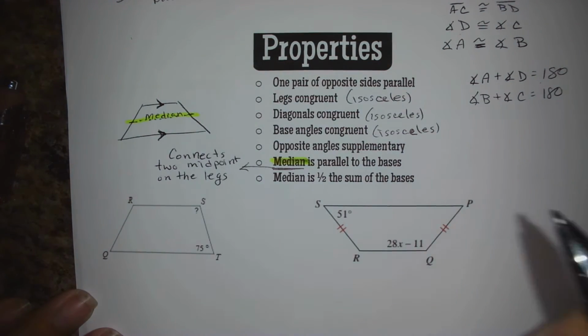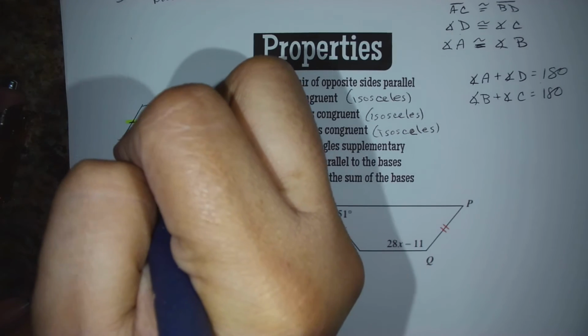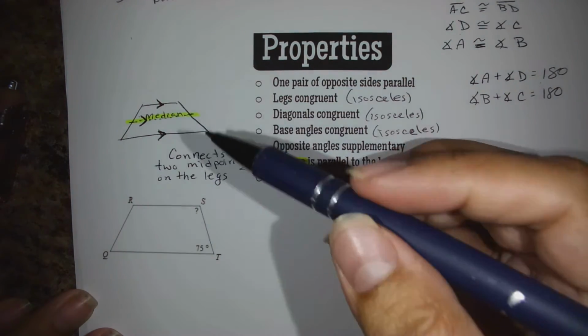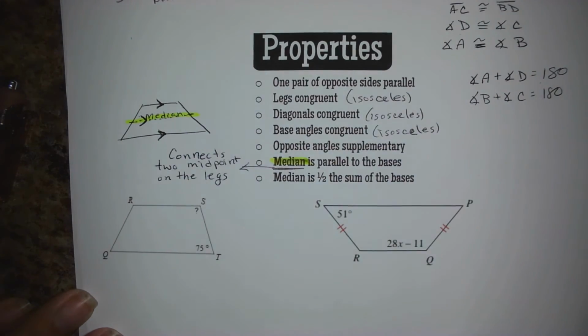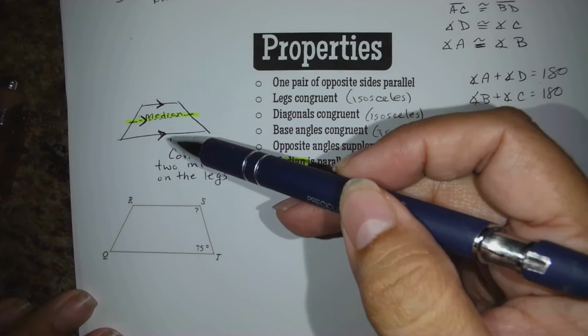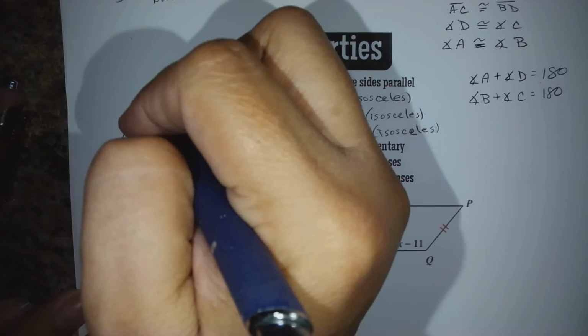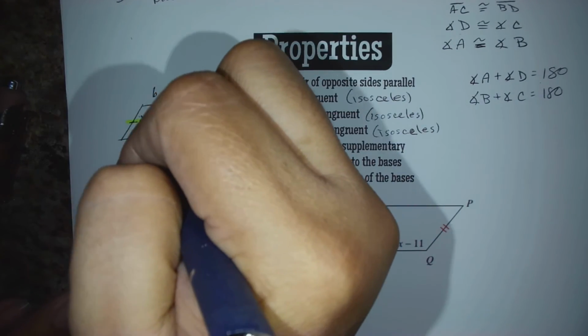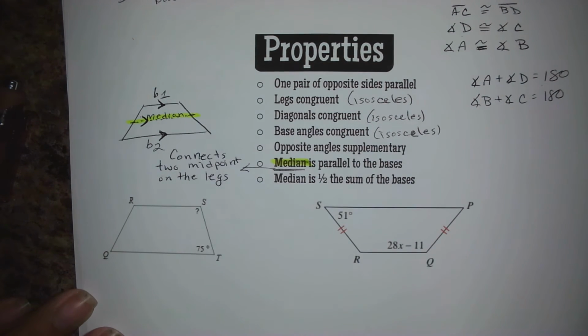Remember our arrows? And then this median is also parallel. Notice I drew another little arrow right there. So we have 3 lines that are parallel now. We have our base 1 and our base 2, and then our median that are all parallel.